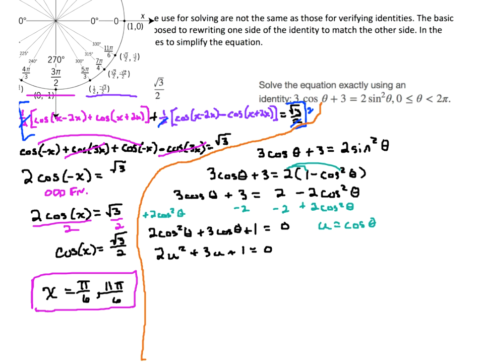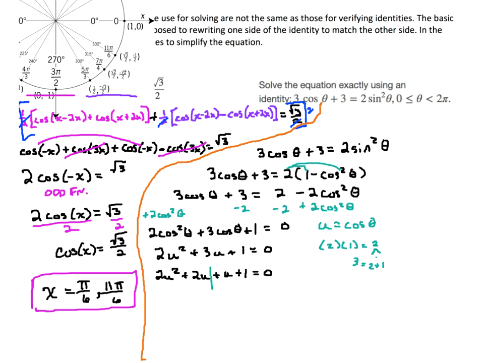I need to use the AC method to factor. So I start with A times C equals 2. Now I'm looking for the factors of 2 that add to make 3, and that's 2 and 1. So I just rewrite, busting up that middle term. So 2u squared, I don't write plus 3u, I write plus 2u plus 1u plus 1 equals 0.